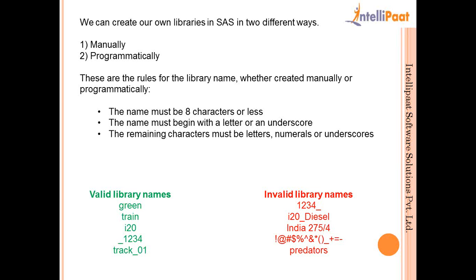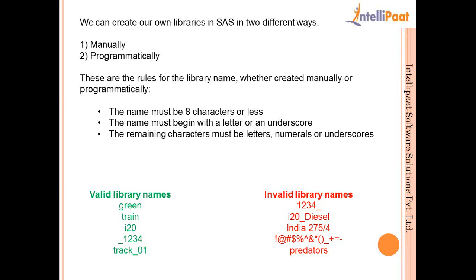For example, they have given the valid library names here, like green, train, I-20, underscore 1234, and track underscore 01. The last two names are valid because one begins with an underscore and in the last one we have an underscore in between.